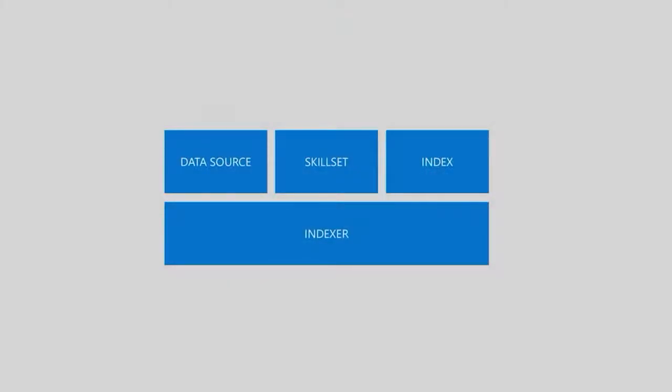Azure Search has different objects that you need to be aware of. We will be explaining each of these separately, and then we will show you how to create each of these programmatically. So first of all, we have a data source. The data source has all the information about where your data resides and how you want to ingest that data. Then we have a skill set.